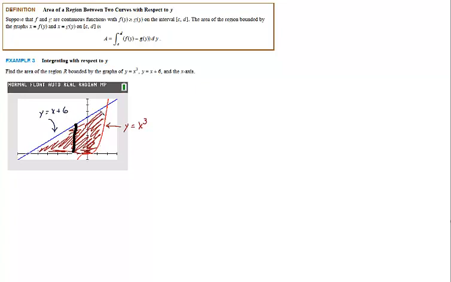If I go along this path, when I got to this point, I would be on the function x plus 6 and then the x cubed. So I'm not going to do it that way this time.